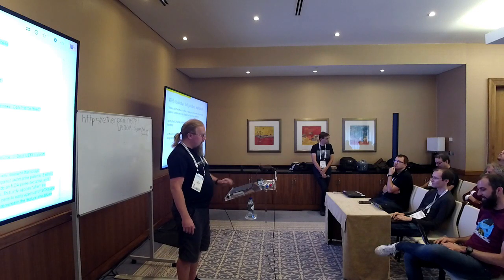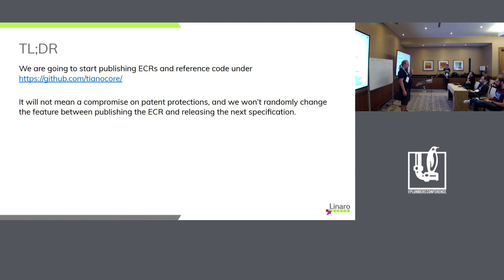So, long story short, we're going to start publishing ECRs and reference code under TianoCore. It doesn't compromise patent protections, and we won't randomly change the feature between publishing the ECR and releasing the next specification. And that's the code first versus code last thing, which I guess, yeah, Ben?